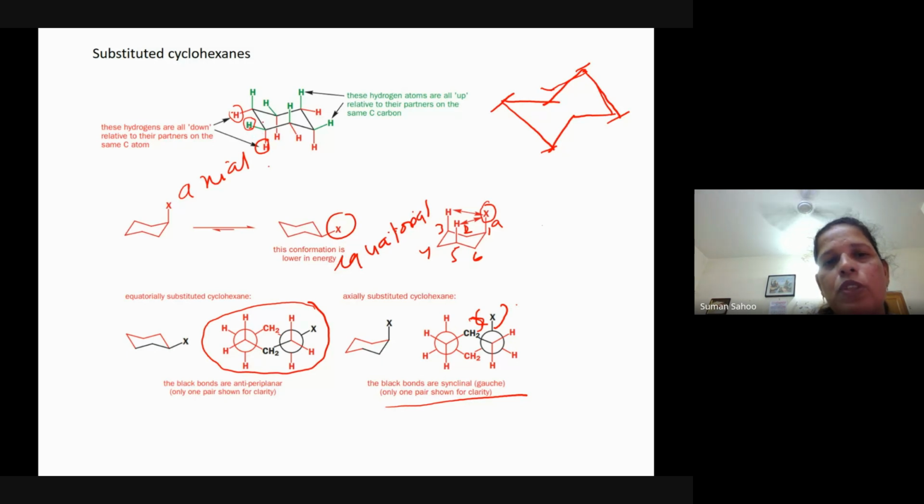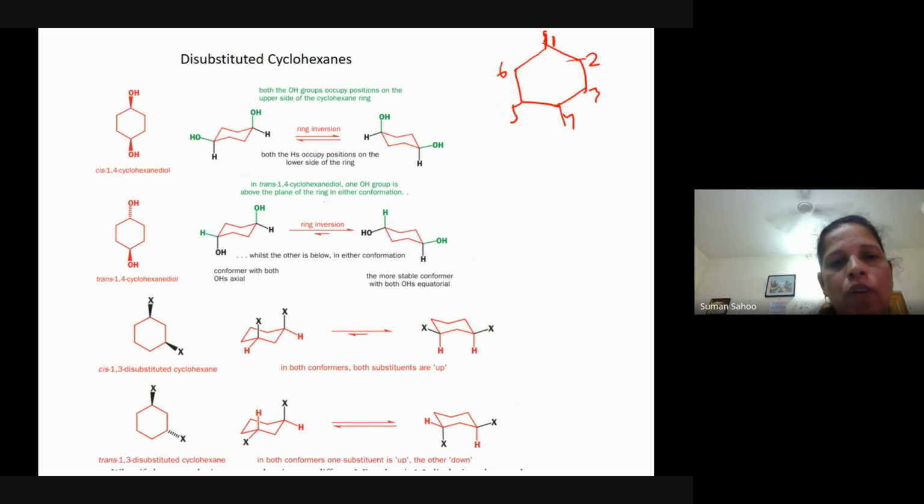In 1,4 cyclohexane diol, when it is cis, one would be equatorial and one would be axial. So these two conformers are actually the same.